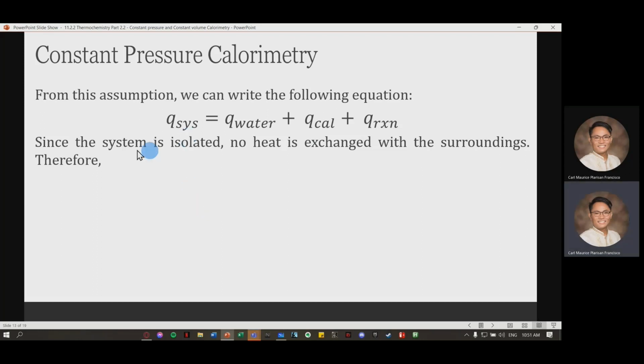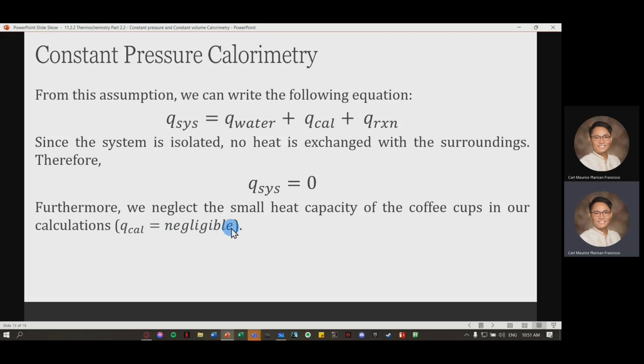Again, ang sistema po o itong system natin ay isolated. So we assume this is zero. Okay, so pag inadd natin itong tatlong ito, our system or heat of the system would be zero. Kasi na-isolated. There's no heat or mass exchange or added or released by the system or the calorimeter itself.